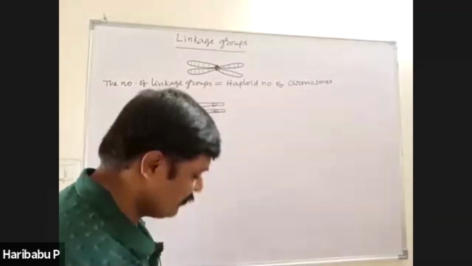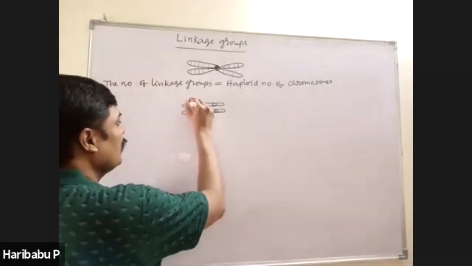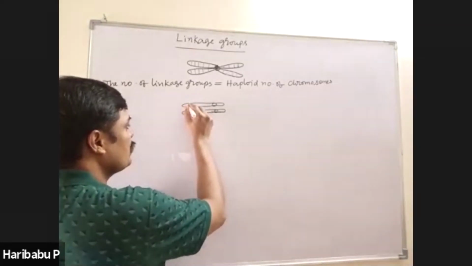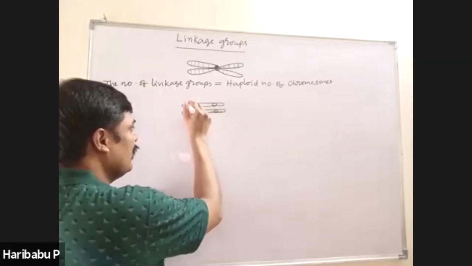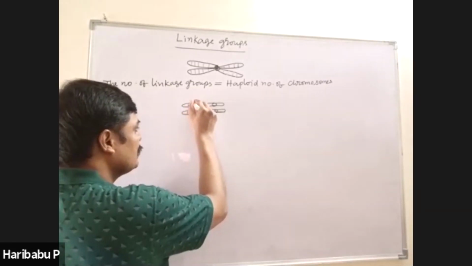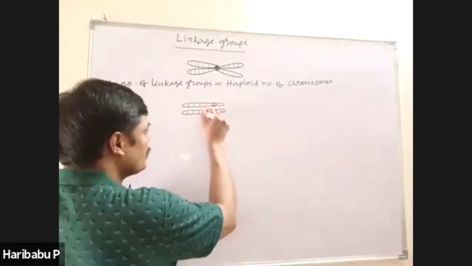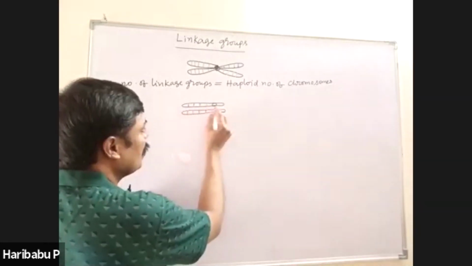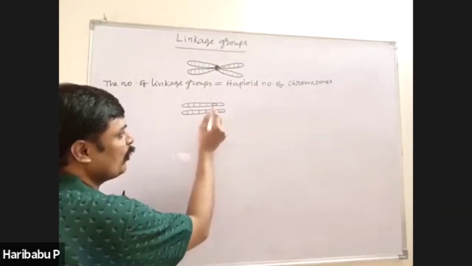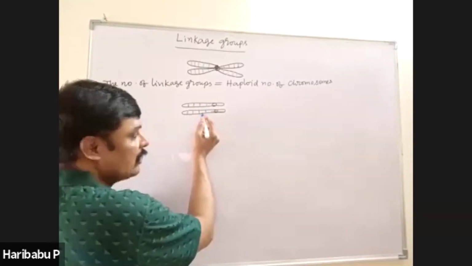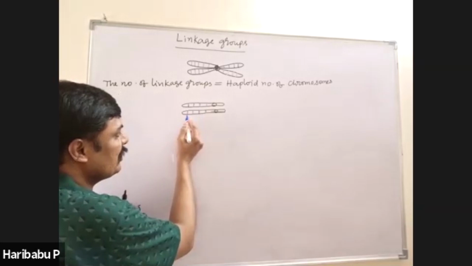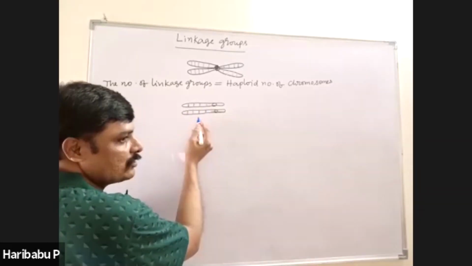Here in this chromosome one gene is present and its allele is present here. Similarly here, like this. The genes present on one chromosome of a homologous pair are similar to the genes present on its other homologous chromosome.